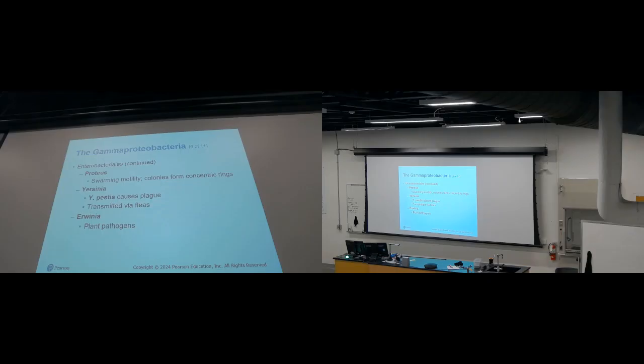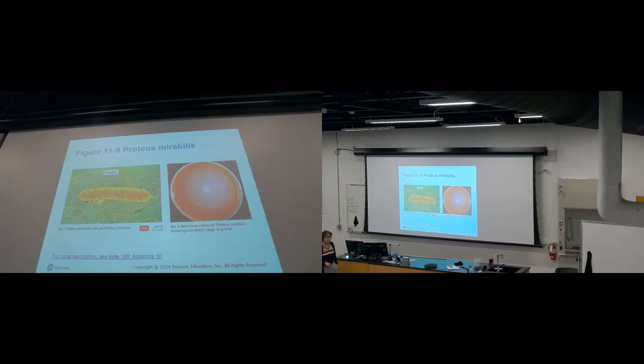And when you put a single bacteria in the center of a Petri plate, can cause a growth that looks like swarming colonies, looks like dunes. So form concentric rings. Yersinia, we have Yersinia pestis that causes plague, and it is transmitted by fleas. And then we have Erwinia that causes infections in plants.